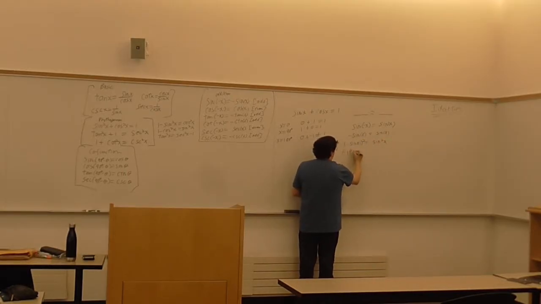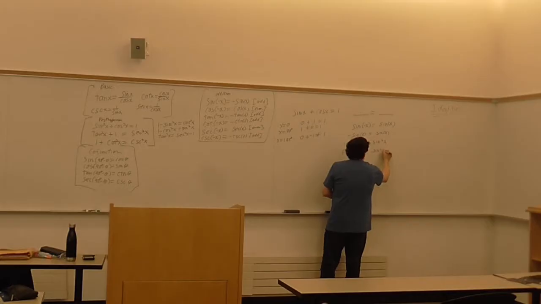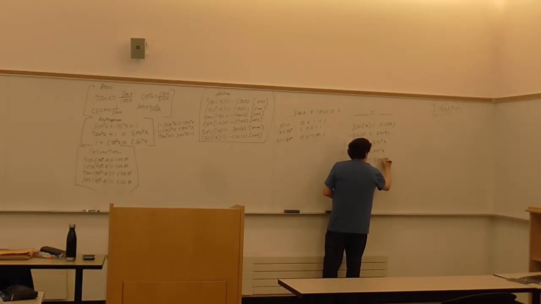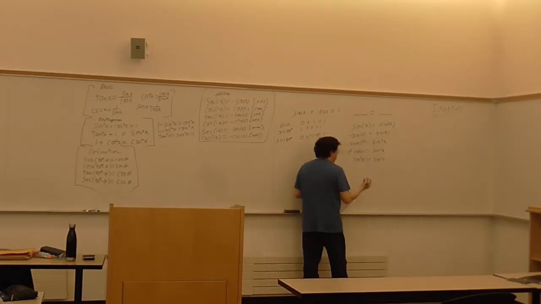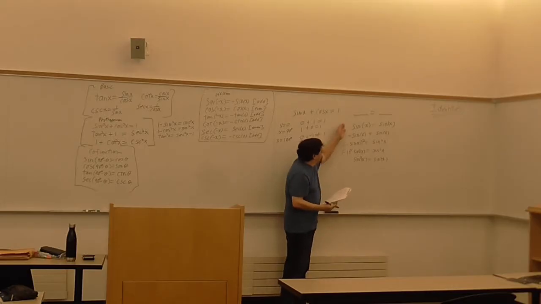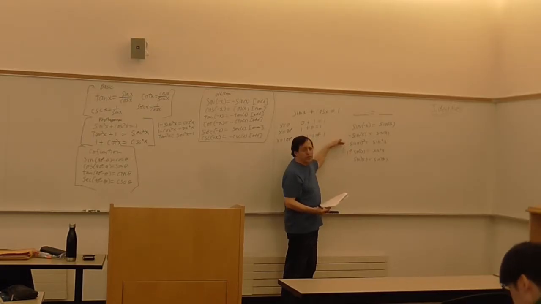This is minus 1 squared times sine squared x. And I end up showing that now I have sine squared of x equals sine squared of x. So I wrongly conclude that this is an identity. Well, where I went wrong is I did something that's not reversible. I squared both sides. If I reverse this, I don't necessarily get back to where I started from.